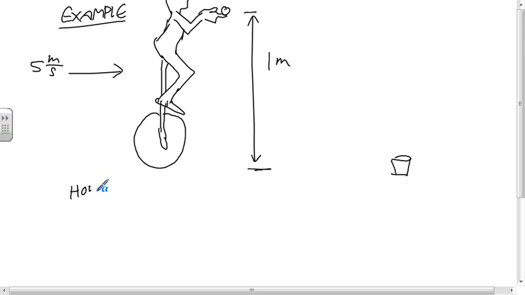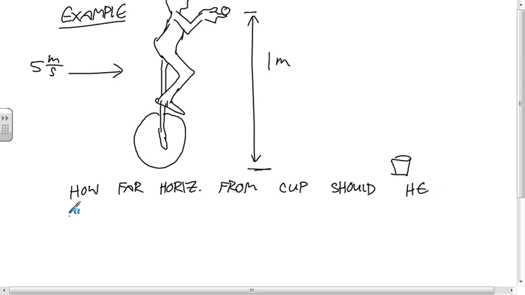So the question is, how far horizontally from the cup should he be so the ball lands in the cup? And let's say that the cup has a height of 15 centimeters, 0.15 meters.